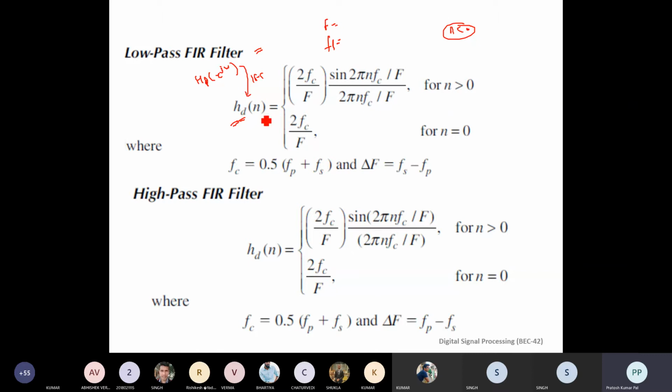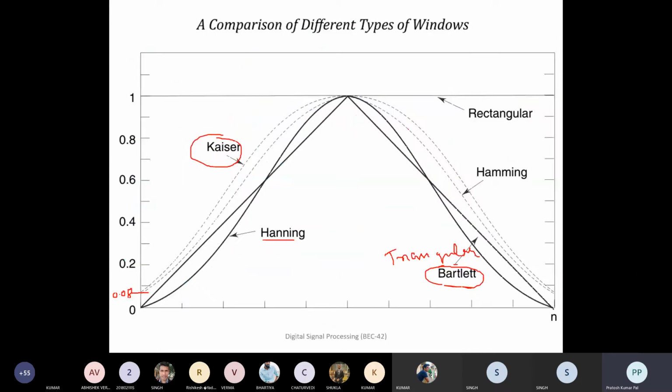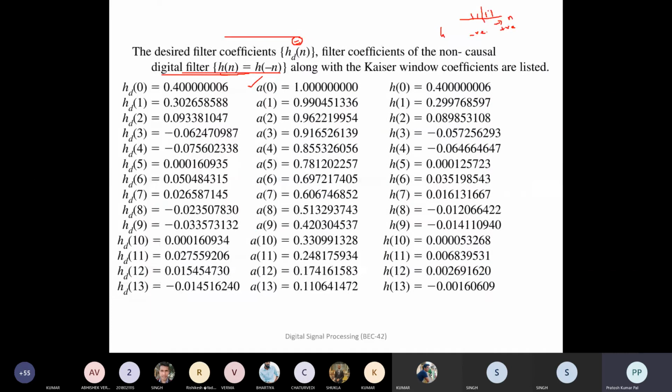So by putting in different n values, we can find hd of 0, 1, up to the value that is m minus 1. So m here is 27, so m minus 1 will be 26. So we will be finding from 0 to 26, or we can find in terms of 13, because it is symmetrical along n equals 0.